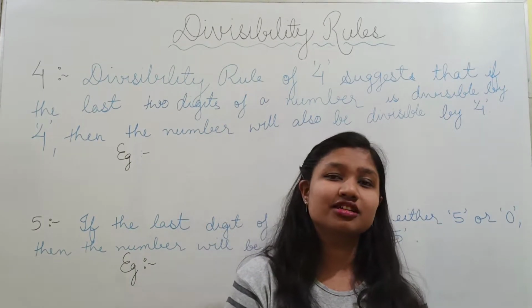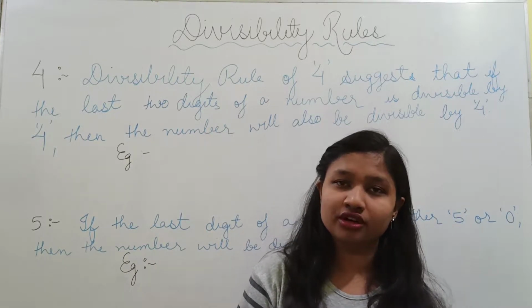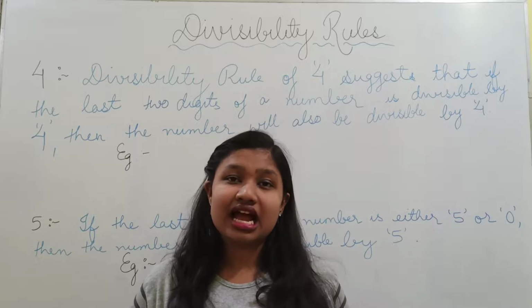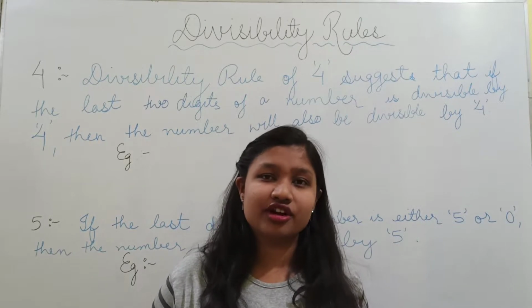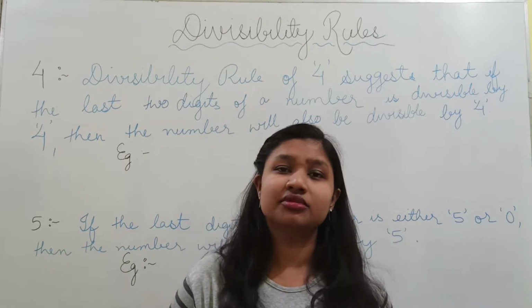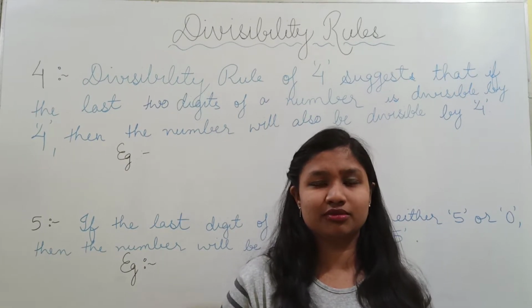So, what is the divisibility rule of 4? The divisibility rule of 4 suggests that if the last two digits of a number are divisible by 4, then the whole number will also be divisible by 4.